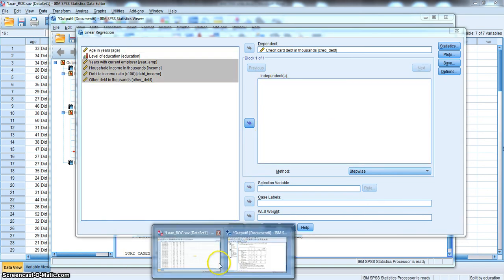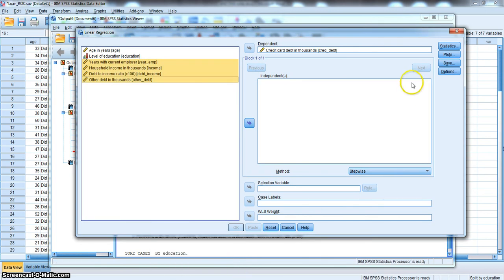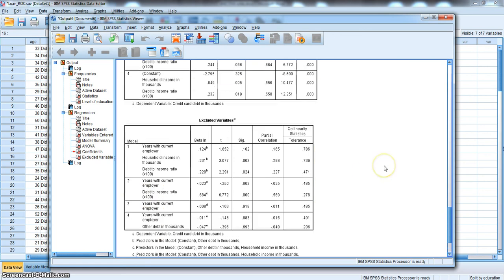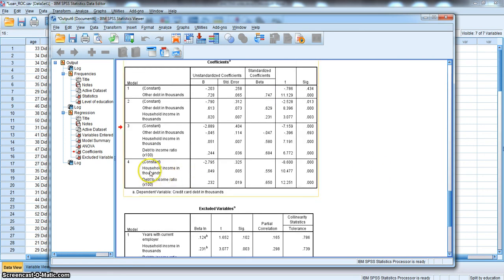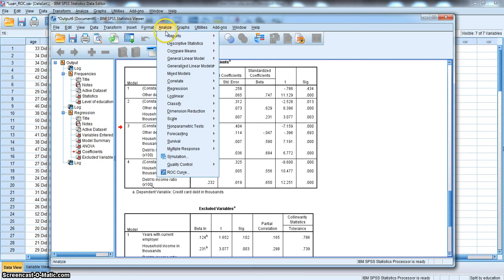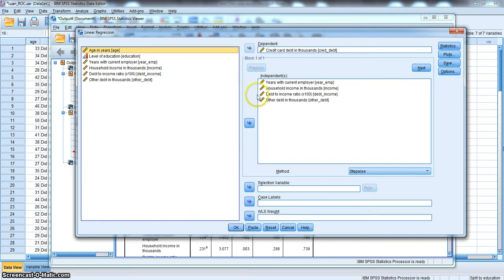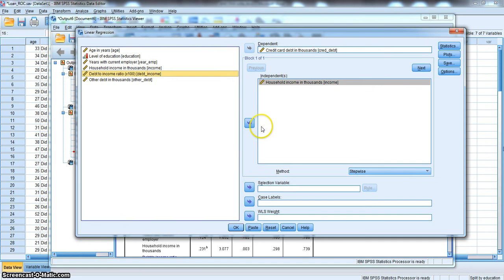So we've got to look back at our output. In our output, we've got years with current employer and other debt. Okay, household income in thousands and debt to income ratio.